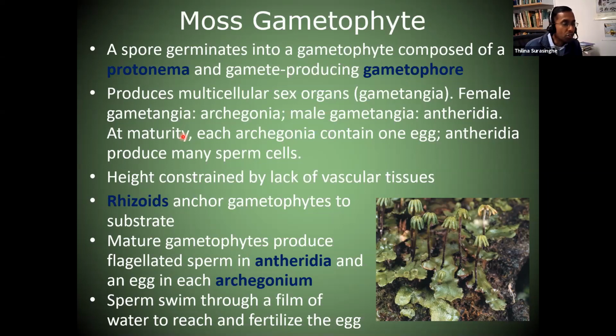So for fertilization, the sperms have to leave the antheridia, swim through water, and enter the archegonium, and then fertilize the egg inside. If you think about it, this is sort of an internal fertilization, because the fertilization happens inside the female organ of the plant.